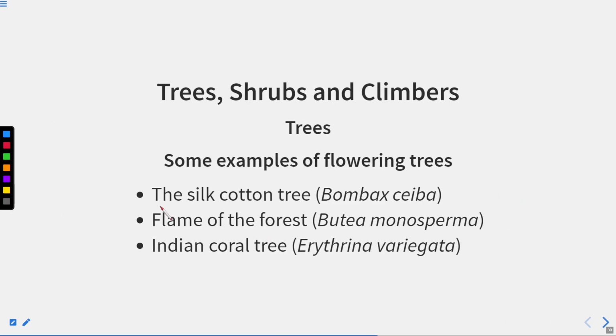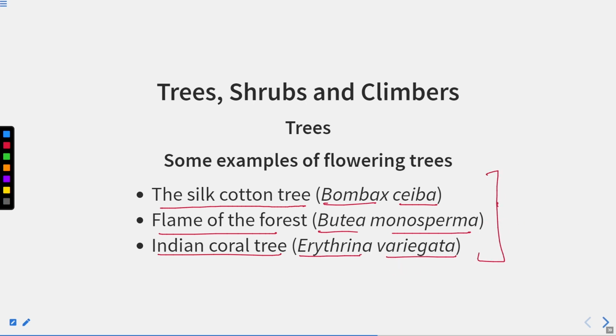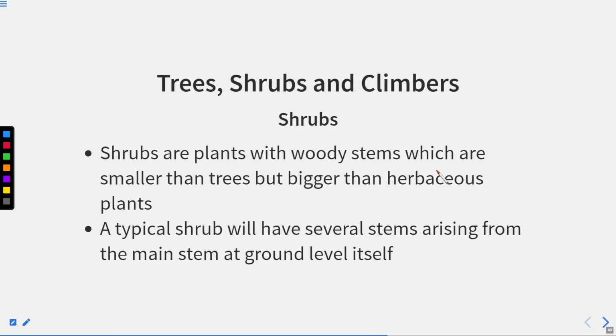Some other examples are the silk cotton tree, Bombax, flame of the forest, Butea monosperma, and the Indian coral tree, that is Erythrina variegata. So these are the examples of flowering trees that are grown as ornamental trees.